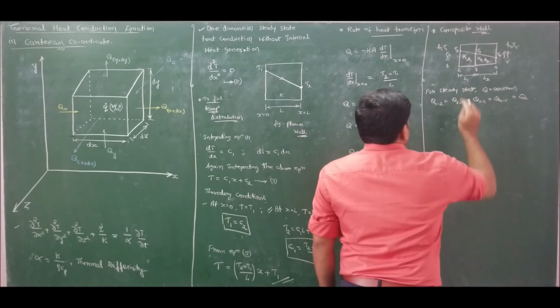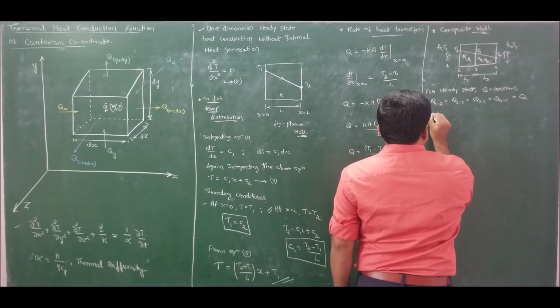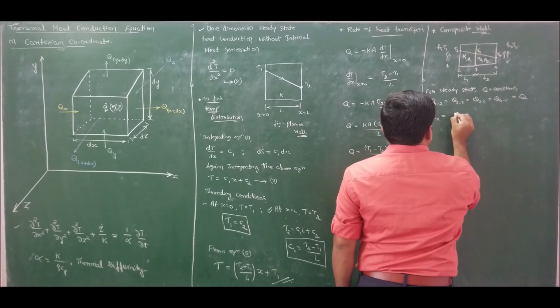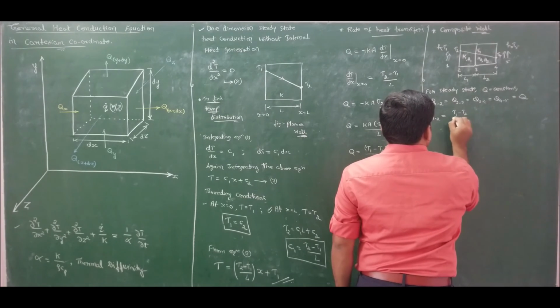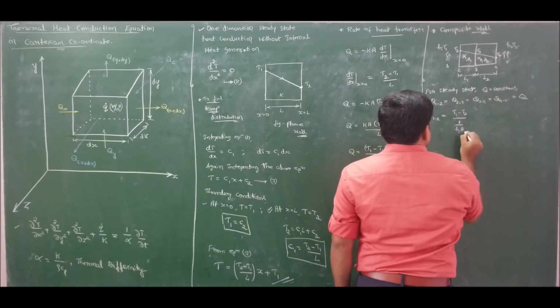So now if I write heat transfer between 1 and 2, Q1 to 2 can be written as heat transfer due to convection, that is temperature difference T1 minus T2 divided by resistance due to convection, that is 1 by Hi A1.